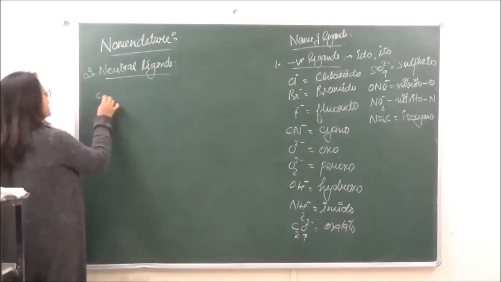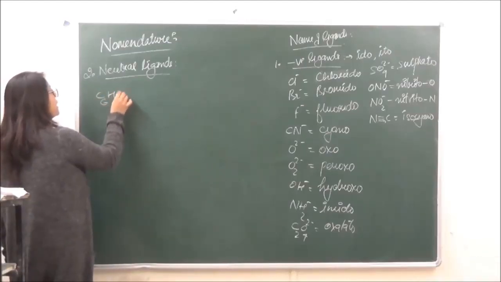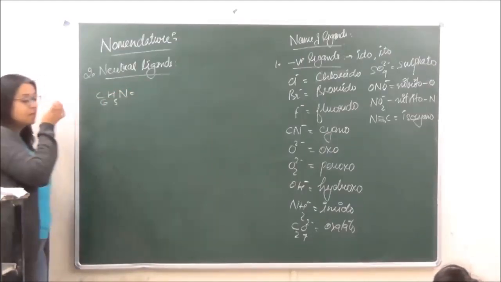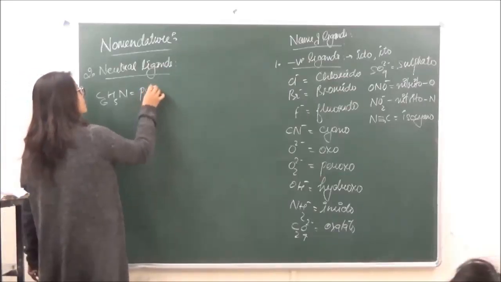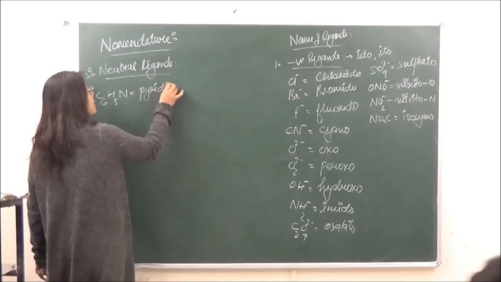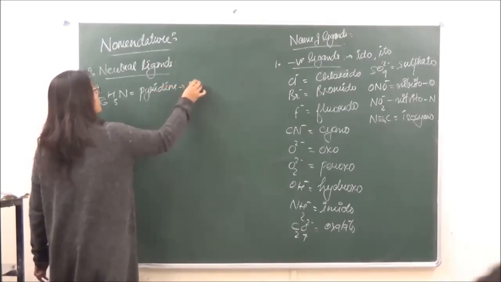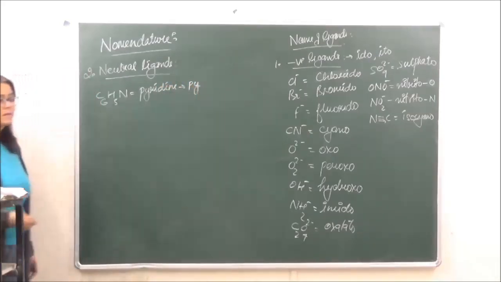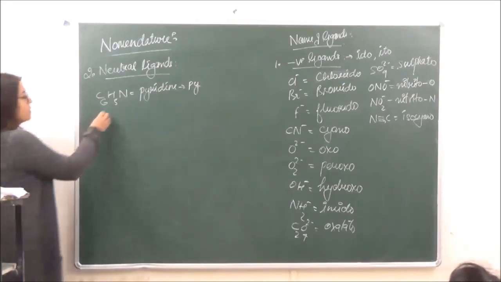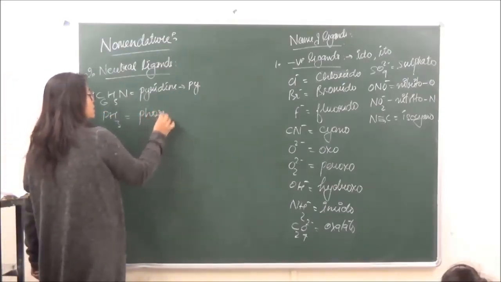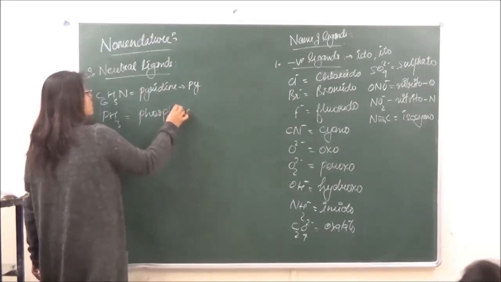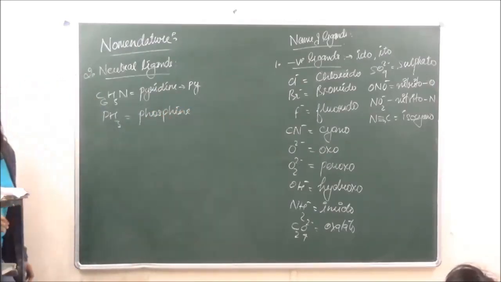For example, we have C6H5N. This is known as pyridine. And generally the abbreviation which is given to it is py. Okay? Then we have PH3, which will be known as phosphine.